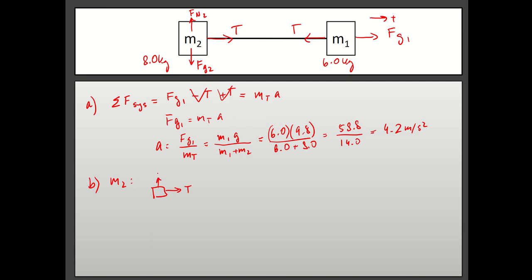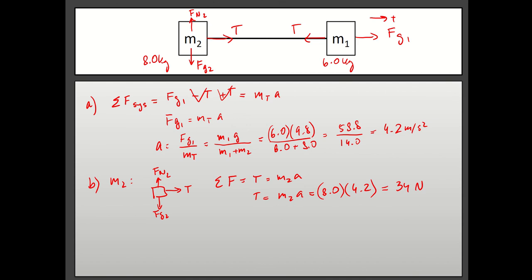Tension, Fn2, Fg2, my sum of forces, or my F-net. In this case, only tension equals M2 times the acceleration. So my tension equals M2 times the acceleration, which in this case is 8 kilograms times 4.2, we get 34. So that's our tension.